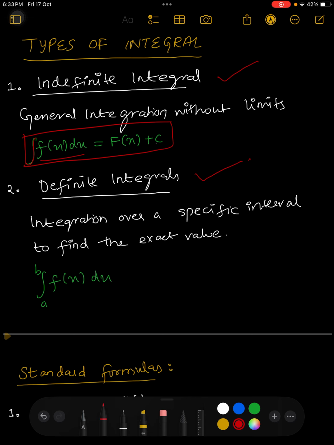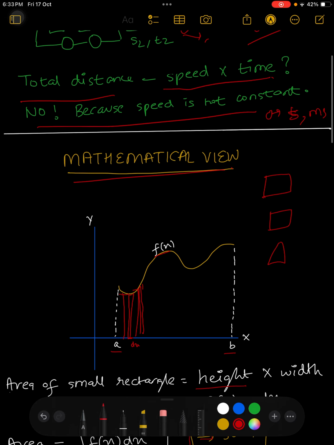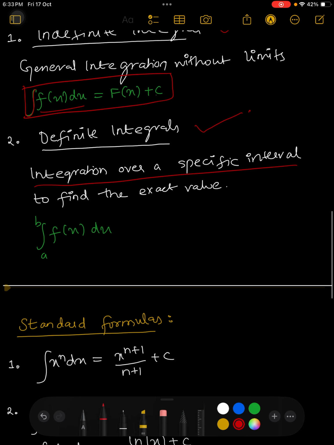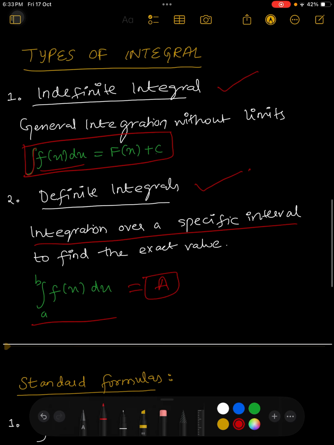And a definite integral is integration over a specific interval, like we did here, where the exact interval was a to b, to find the exact value. So the integration from a to b of f(x) dx equals some exact value, let it be A, and we'll get that exact value. So there are two types of integrals.